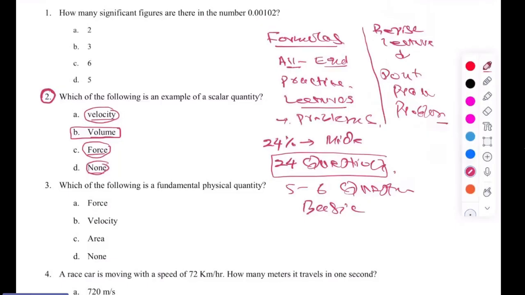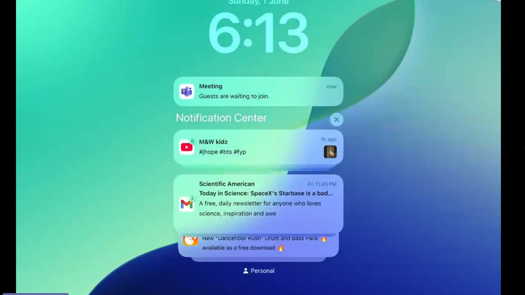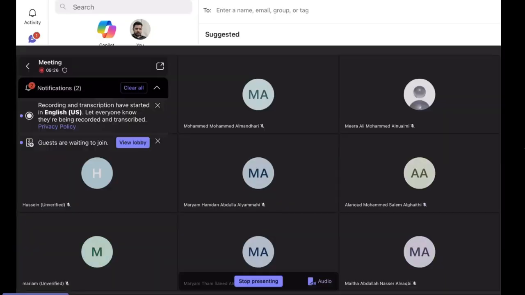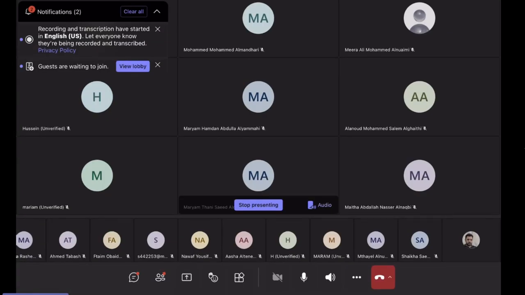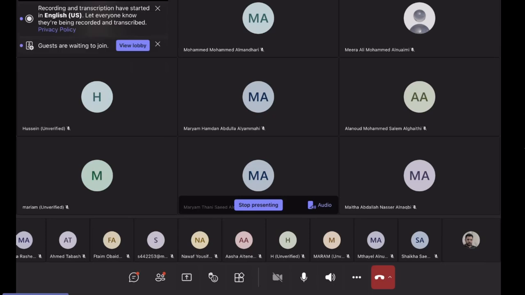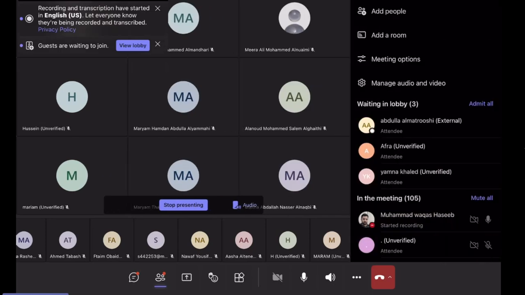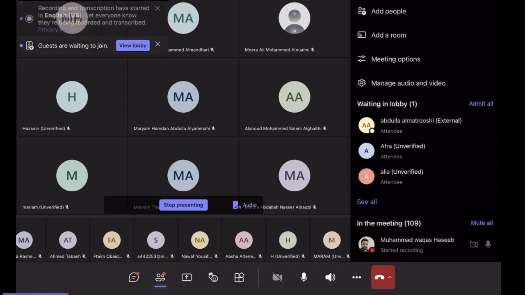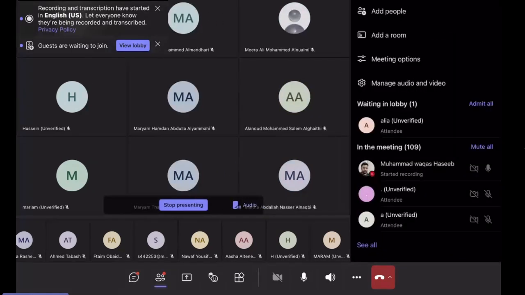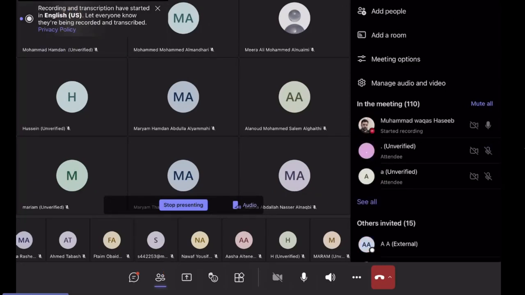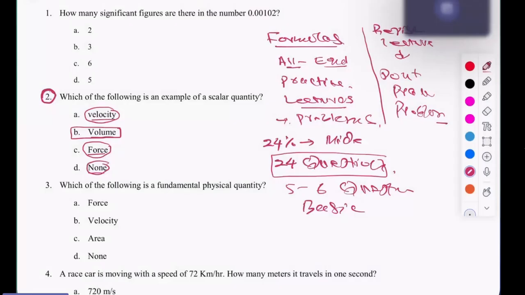So there are many questions like this that you can have on your exam. So first identify that particular kind of question so that it will be easy.